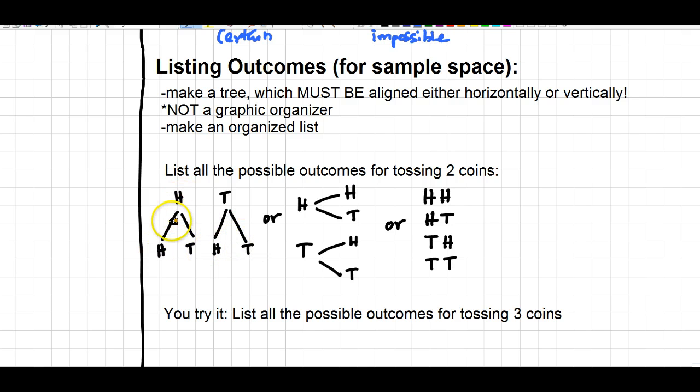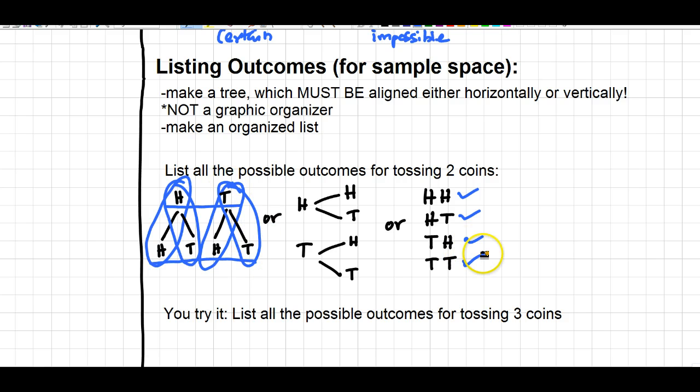So notice here that my tree is lined up horizontally, and the outcomes are now listed if I connect all the branches. So I've got one outcome there of heads heads, an outcome here of heads tails, an outcome here of tails heads, and an outcome here of tails tails.